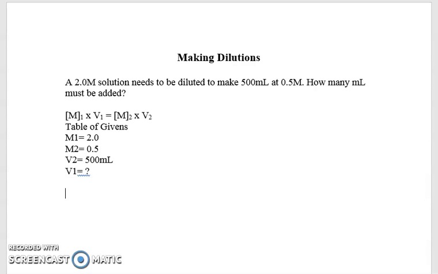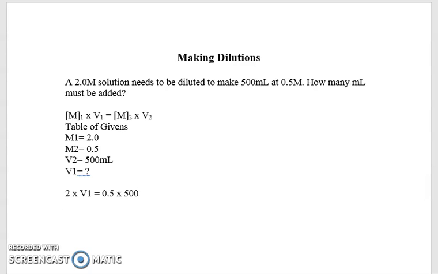If we follow the formula, we know it's 2 times V1, which I don't know, equals 0.5, which is the molarity 2, times V2, which is 500.